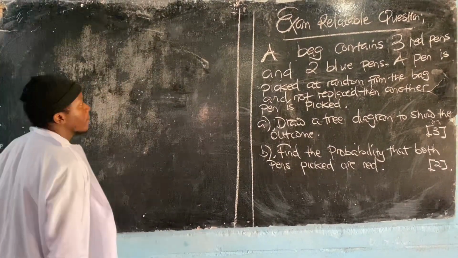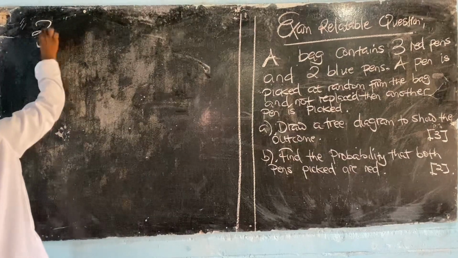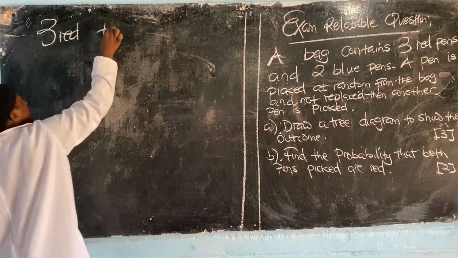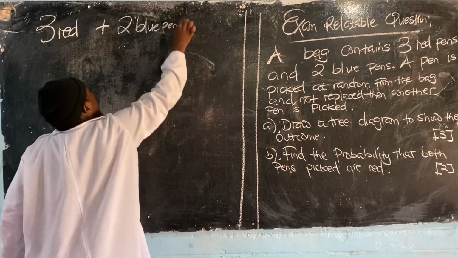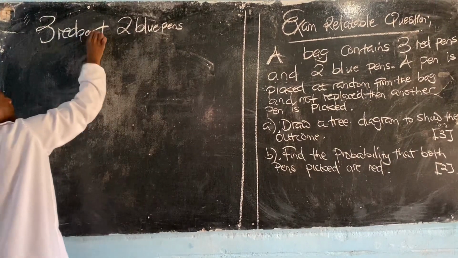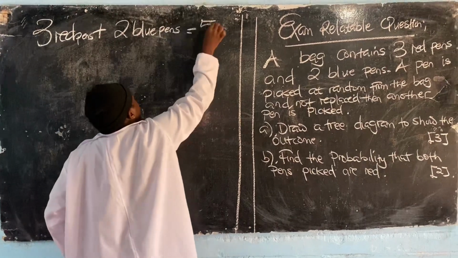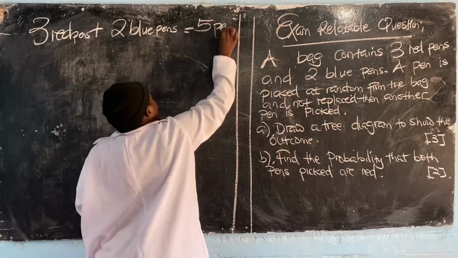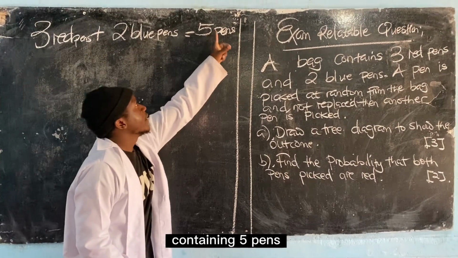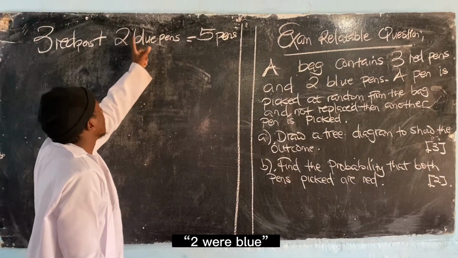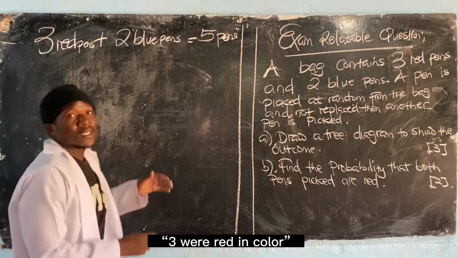The first step is we're going to say in this bag, we have 3 red pens plus 2 blue pens. Then this is giving 5 pens. So, which simply means in a bag containing 5 pens, 2 were blue, 3 were red in color.